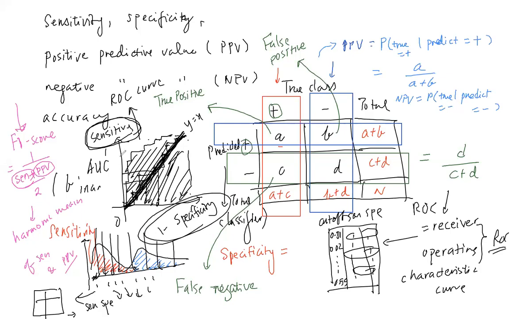Because just now, if you have this data, you're going to look at sensitivity and specificity separately, right? When you look at it separately, maybe sometimes it's a little bit hard to decide. So people say, okay, why don't I integrate them both? So the idea is to calculate the area under the curve.